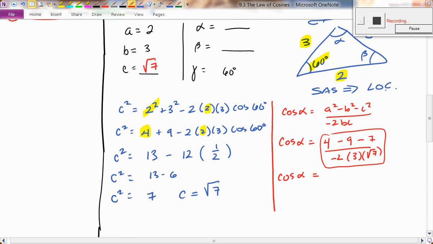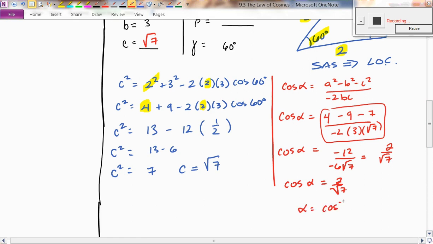So let's see, 4 minus 9 minus 7. How much is that? Negative 12. Negative 12 divided by negative 6 square root of 7, which is just 2 divided by the square root of 7. So cosine of alpha equals 2 over the square root of 7. How do I get the alpha?